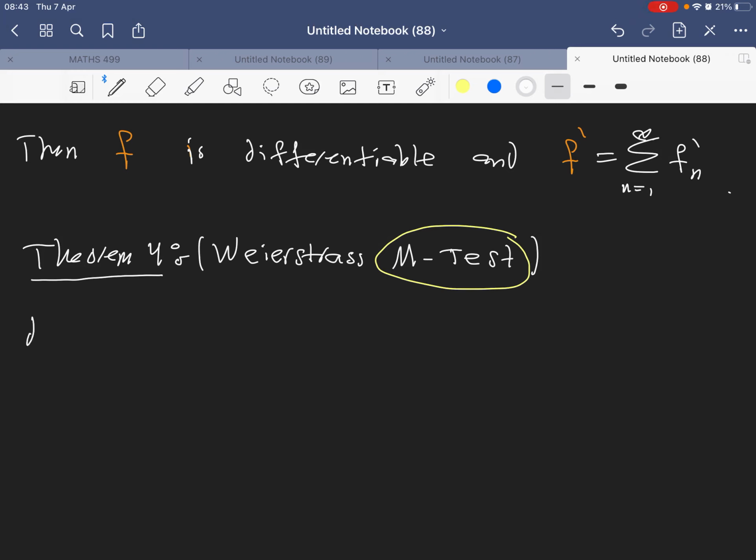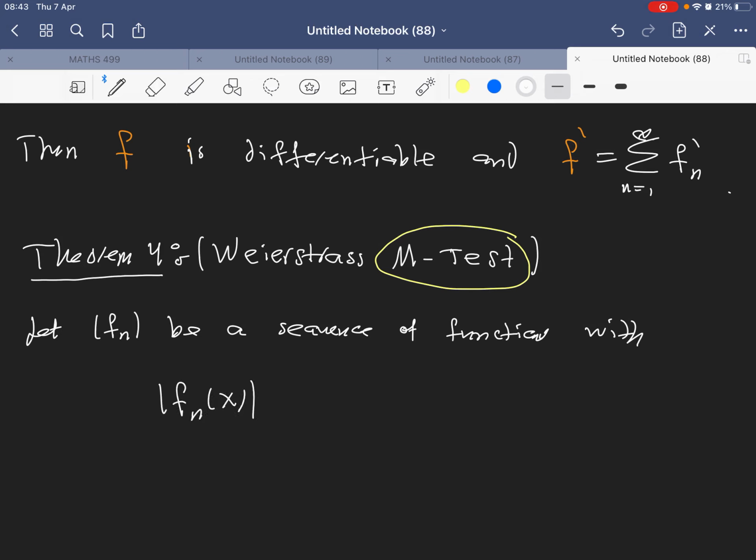Now assume you have a sequence of functions which is bounded. So every one of them is less than a specific number, Mn, for some Mn. So each one of them is bounded. Maybe they have different bounds, but each one of them is bounded. Now, what can we say?